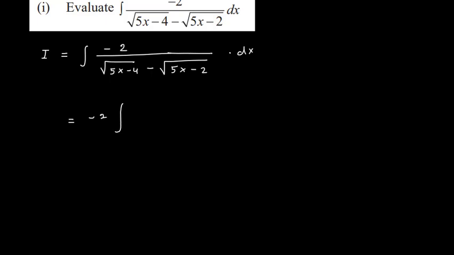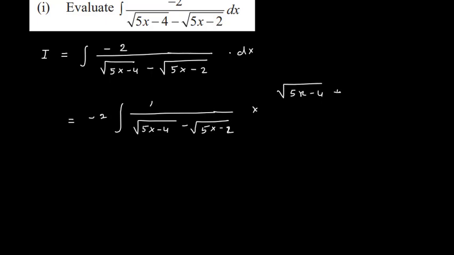So here it is 1 divided by root of 5x minus 4 minus root of 5x minus 2. We multiply this whole term by root of 5x minus 4 plus, now here it is minus sign, so we will use plus sign for rationalization.